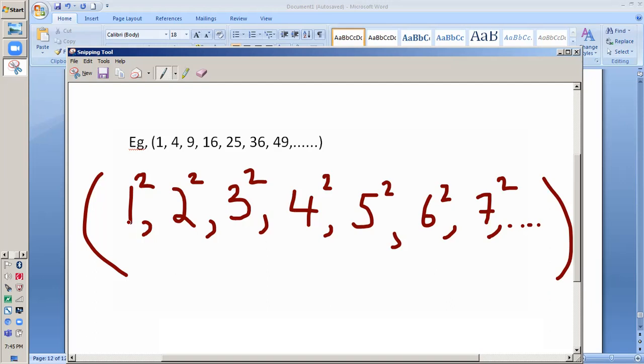Sir, the next number would be 64 after the 49. Right, because this would have been 8 square. Not 6 square, sorry, 8 square. It's a square number, the answer of 8 square, which is 64.